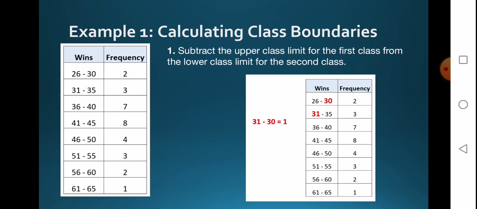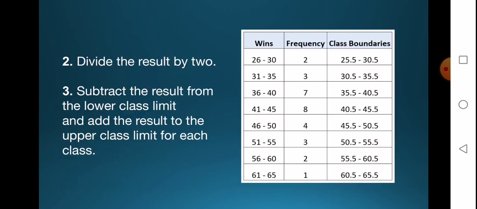The upper class limit for the first class is 30 and the lower class limit for the second class is 31. Thus, we get 31 minus 30, that is equal to 1. Second, divide the result by 2.